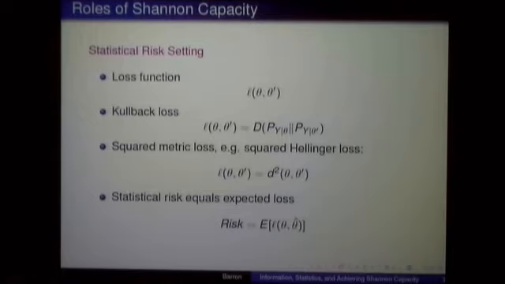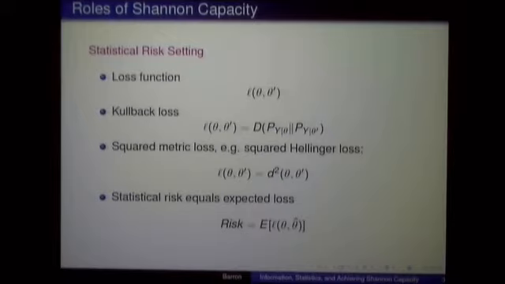we typically still use a loss that might come from a choice of distance based on the distributions. So one could have the squared Hellinger distance between the distributions and define one's loss by the associated distance between the parameters, or likewise for Kullback.